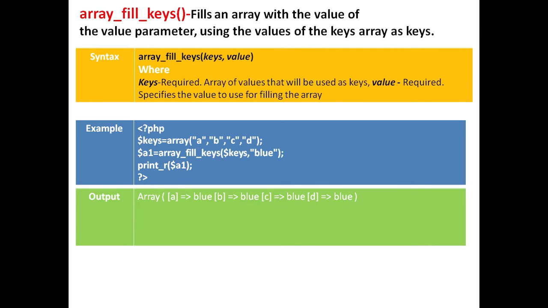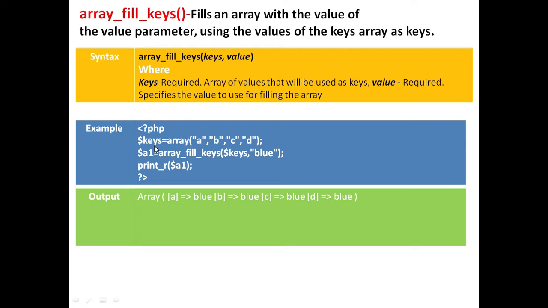Next is array_fill_keys, which fills an array with the value of value parameter using the values of the keys array as keys. The general syntax is array_fill_keys with keys and value, where keys is the array of values that will be used as keys and value specifies the value to use for filling the array.